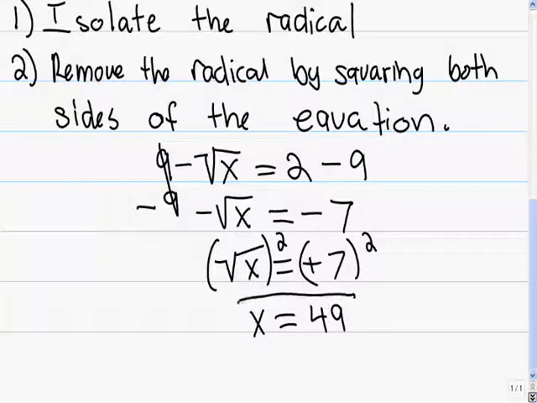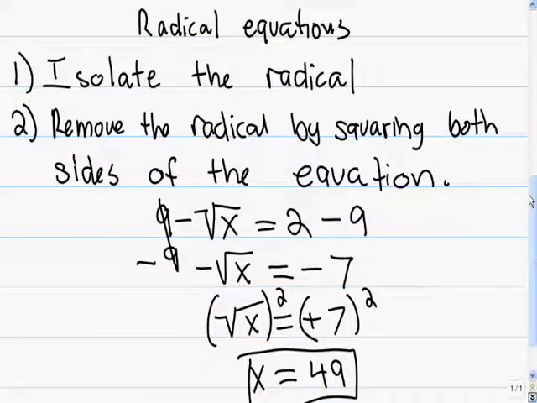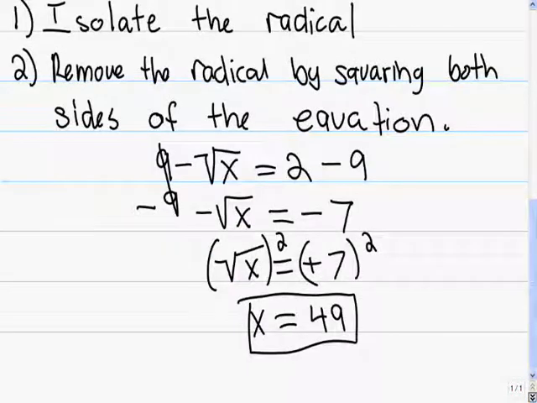So x equals 49. So the way I solve radical equations is by, 1, isolating the radical, and once it's isolated, removing the radical by squaring both sides of the equation. Make sure you know how to do this before you do the checkup.